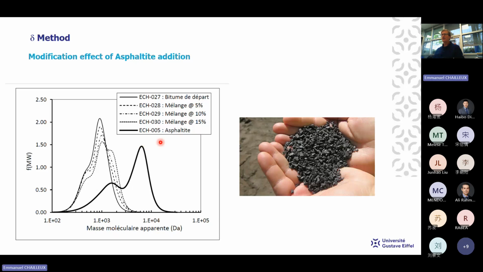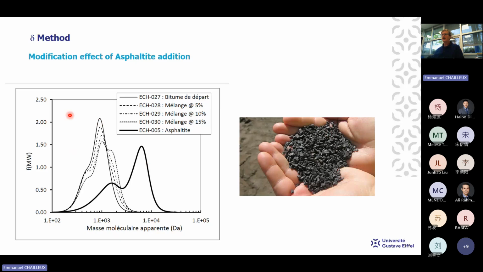And when we blend this asphaltite at some percent in usual bitumen, we see that the distribution goes to the highest molecules. It's a way to understand what happens when we blend heavy molecule material in a usual bitumen. How is the dispersion made?